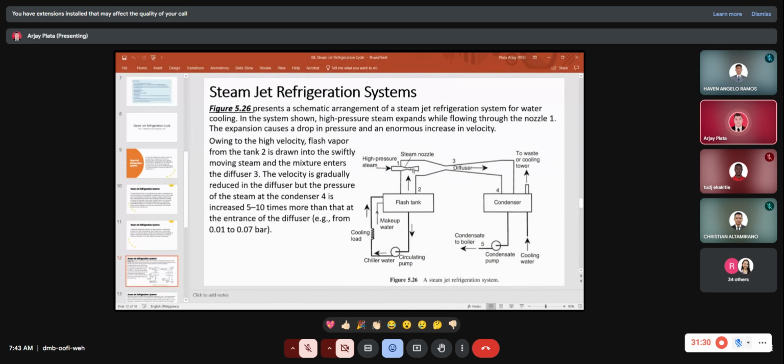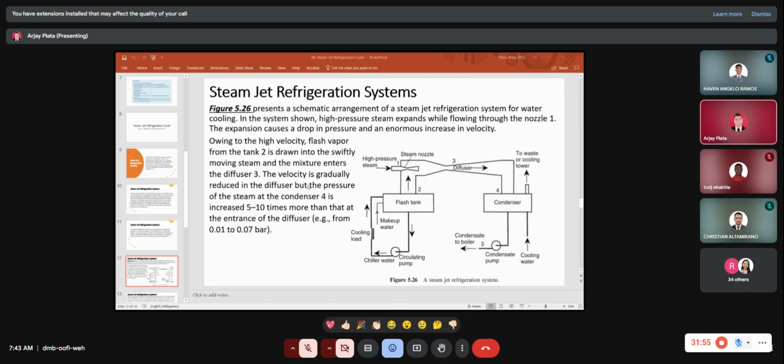So there will be an expansion. What will happen if there will be an expansion here? What will happen to the pressure? So there will be a sudden pressure drop.